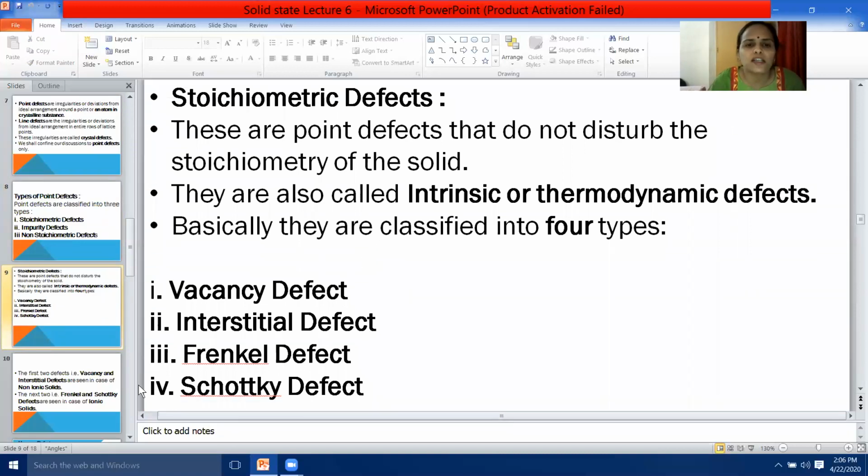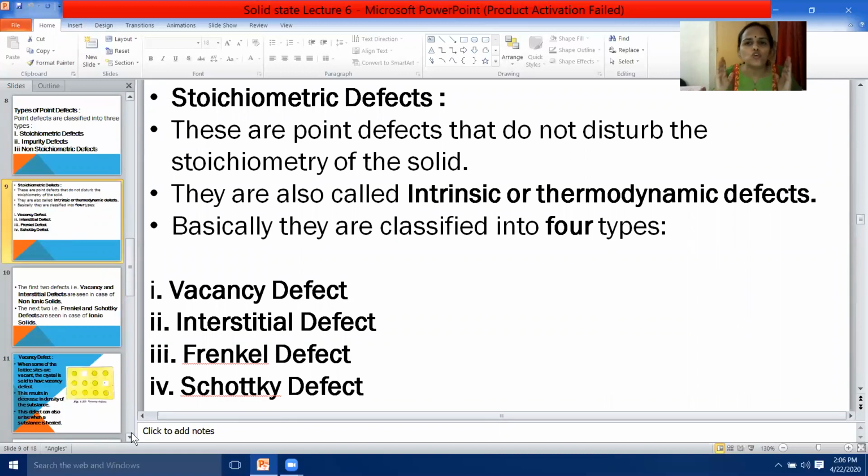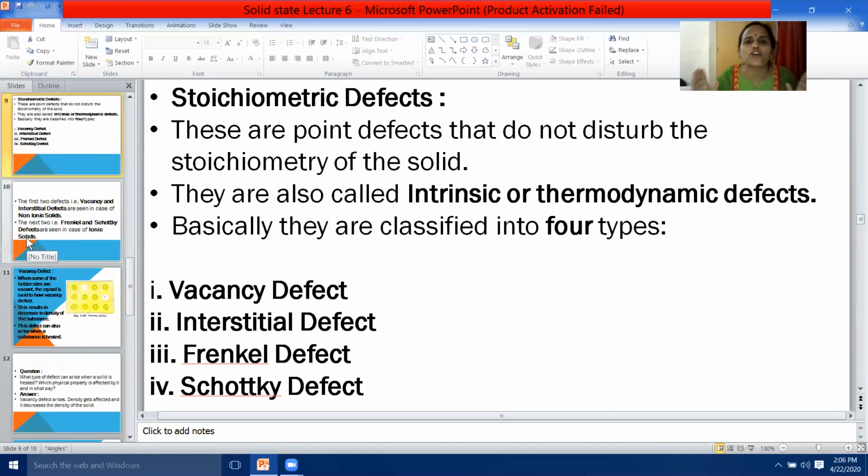Stoichiometric defects basically do not disturb the stoichiometry of the solid, so that's why they come under this heading. They do not disturb the stoichiometry of the solid, and so they are also called intrinsic or thermodynamic defects.